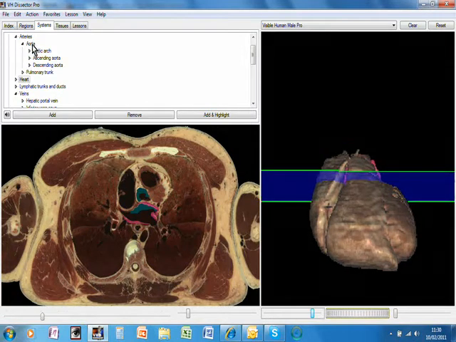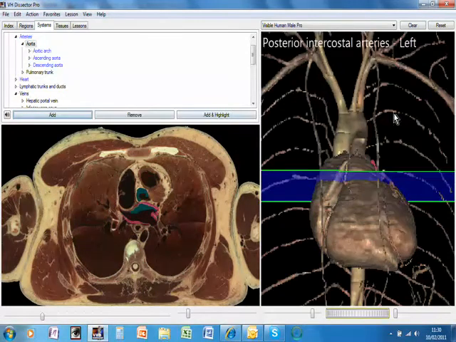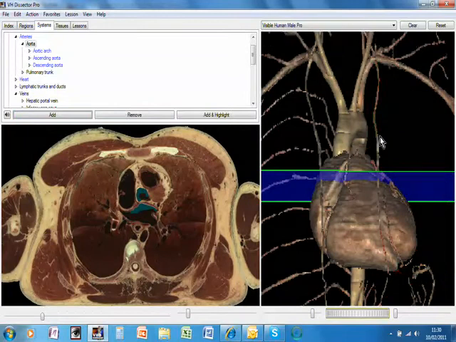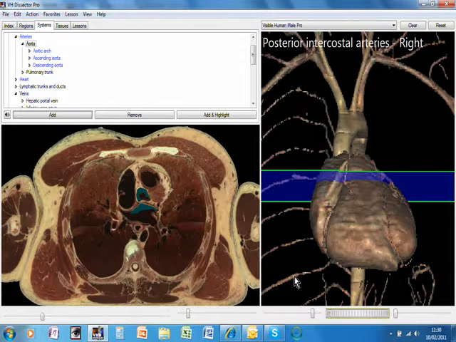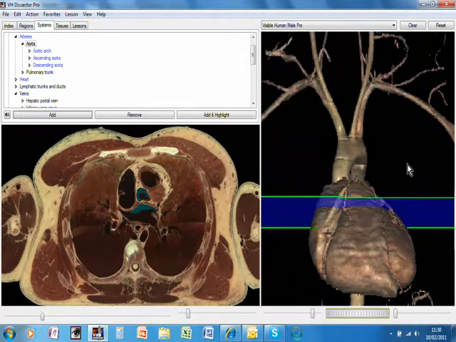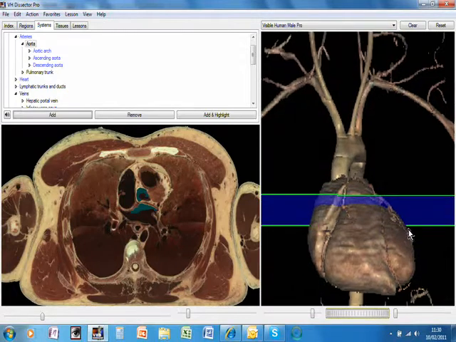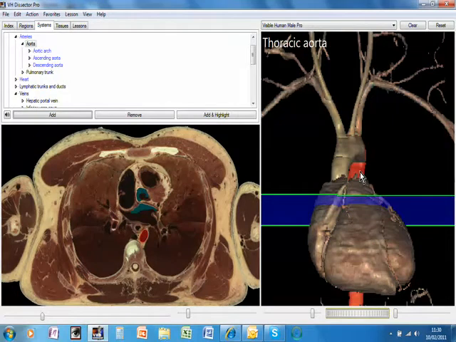We're interested in the great vessels, so we'll add in the aorta, and you can see that there are lots of branches coming off the aorta, so we'll get rid of some of the smaller ones and just leave the larger ones to concentrate on. So here's the aorta, and you can see that there are 3 parts to the aorta: the ascending aorta, the arch of the aorta, and the descending or thoracic aorta, which travels behind the heart.